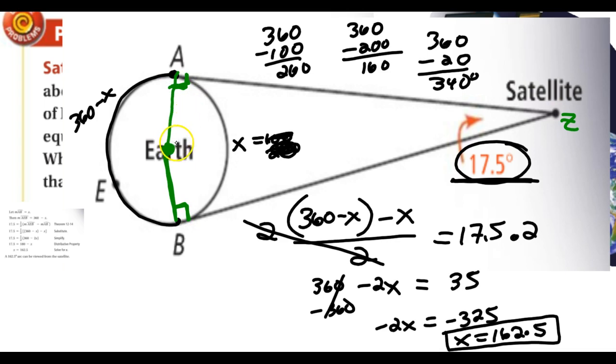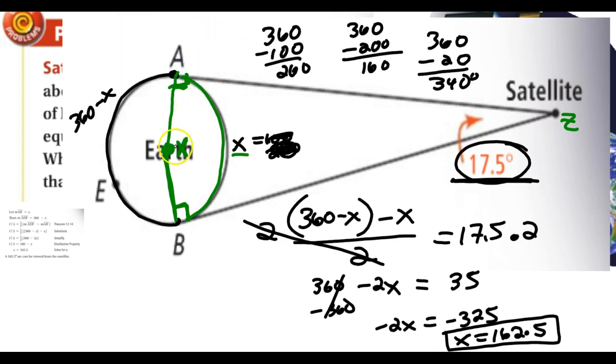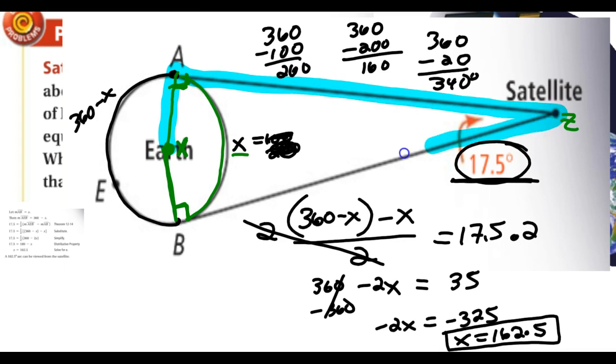I also know that this central angle right here is equal to the arc it cuts off. The arc it cuts off is x, if I'm still letting it be x. And so what I have here, the overall shape, let's get out my highlighter here. This overall shape has how many sides?